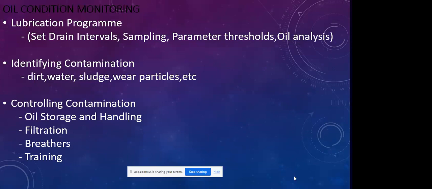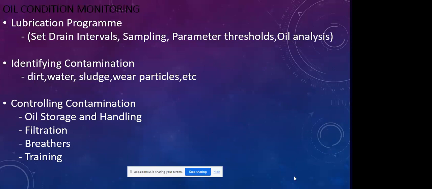Some are generated by the machine, some coming as a result of external factors like dirt, water. Then we have oxidation also generating sludge. We have issues of misalignment or viscosity degradation generating wear particles. So contamination identification is very, very important when we are looking at oil condition monitoring.